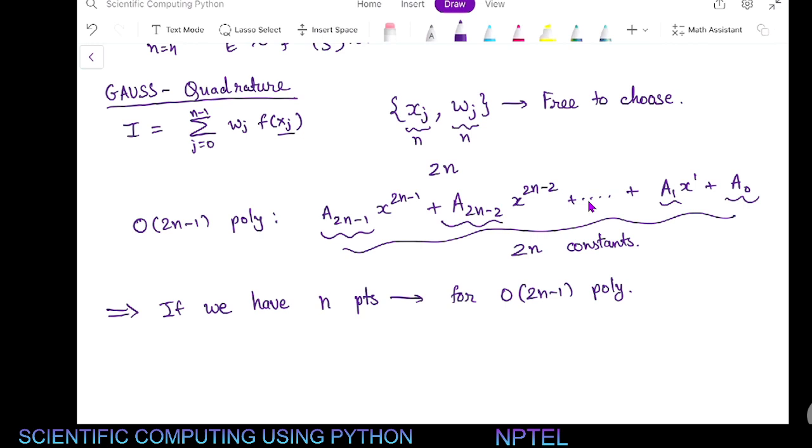Earlier it was order n minus 1, right? So we got twice the order of polynomial, which is very good. But it comes at the cost that these xj's are not determined by us. They are not equidistant from a to b. The algorithm will tell us what x's we should use.